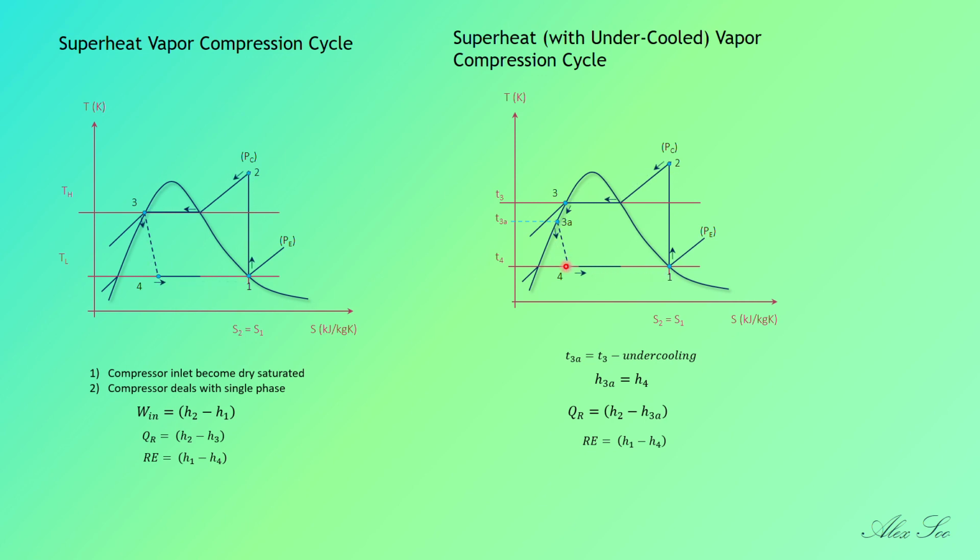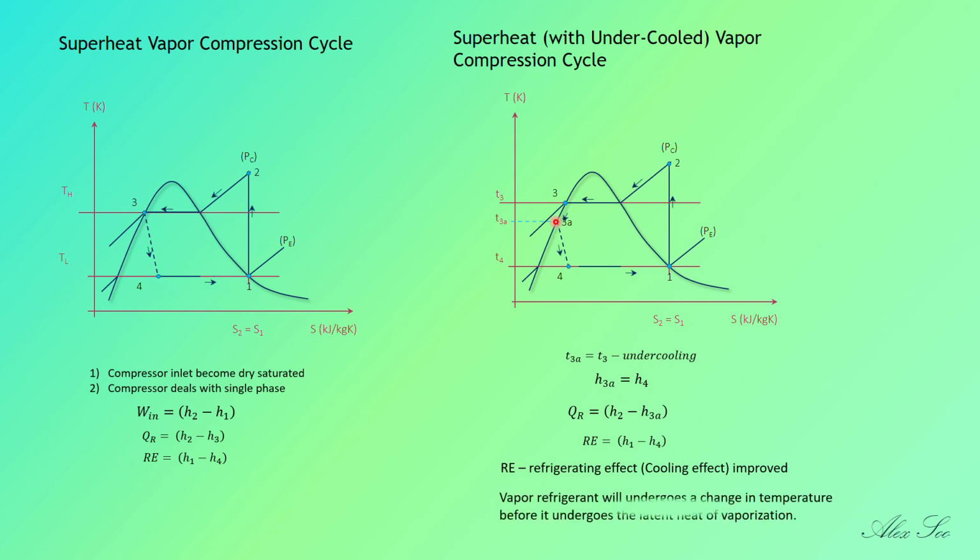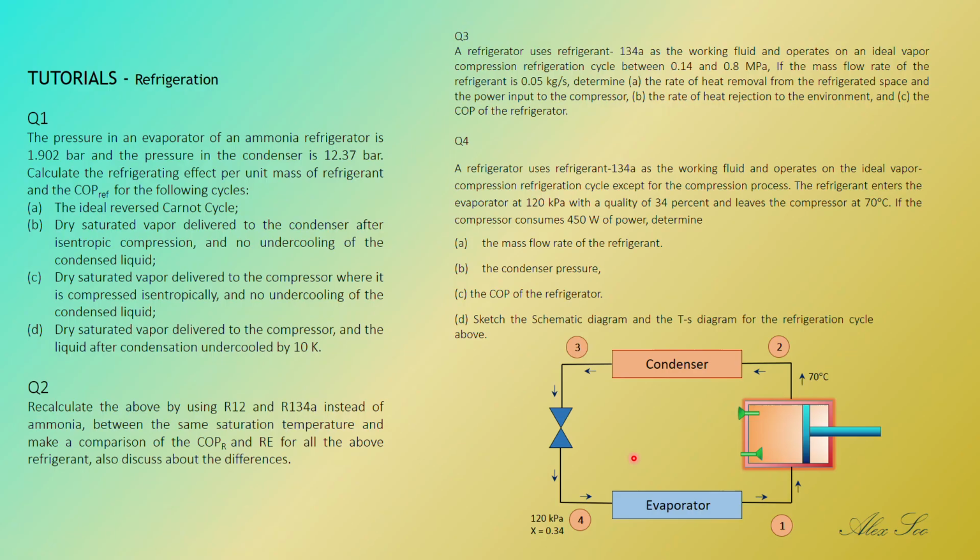So you have to be careful how you determine H3A. RE is the refrigerating effect, or the cooling effect. Vapor refrigerant undergoes a change in temperature before it undergoes latent heat of vaporization in the evaporator.